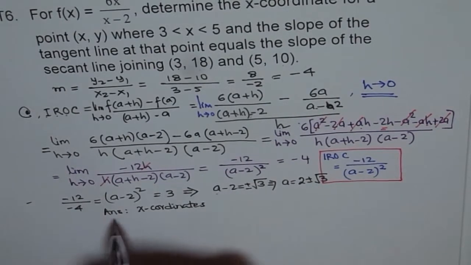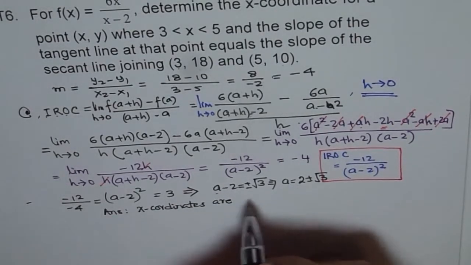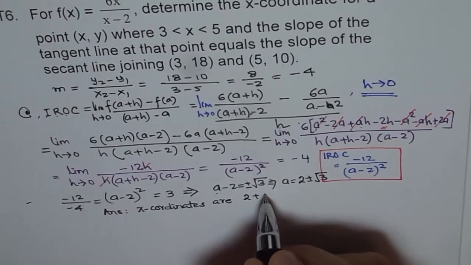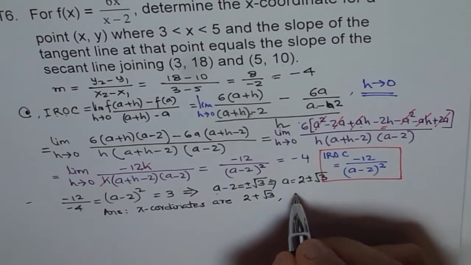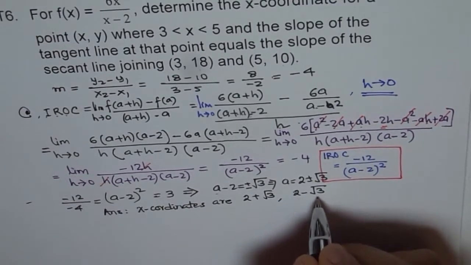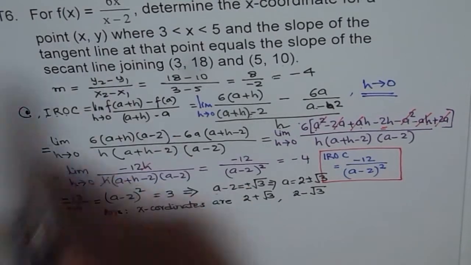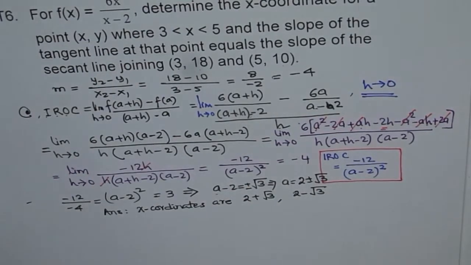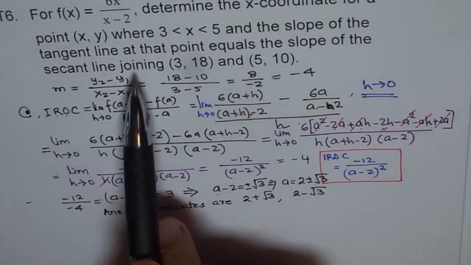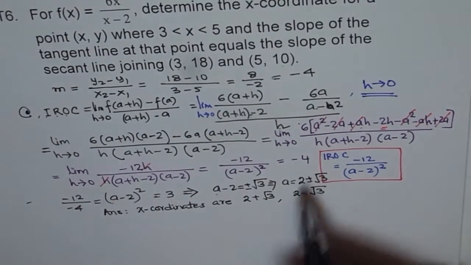So x coordinates are, one of them could be 2 plus square root 3, or the other will be 2 minus square root 3. So these are the points where the instantaneous rate of change for this given function will be the same as a secant line joining points 3, 18 and 5, 10, correct? So that is the way to do it.